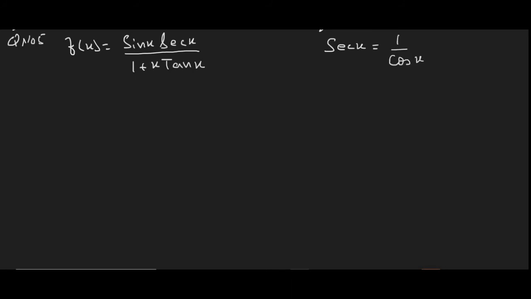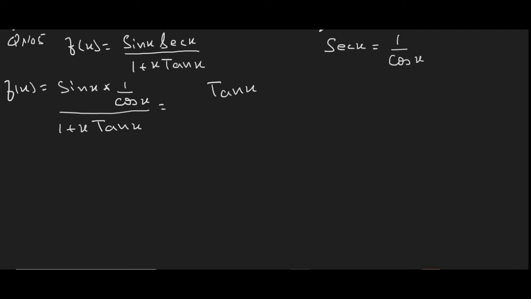For our simplicity, it will be easier to solve the question. So f of x is equal to sine x multiplied by 1 over cos x and whole divided by 1 plus x tangent x. This we can write as tangent x over 1 plus x tangent x.